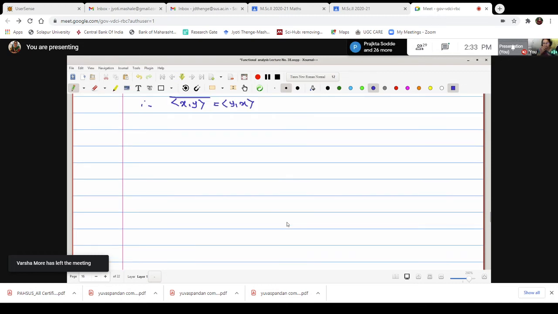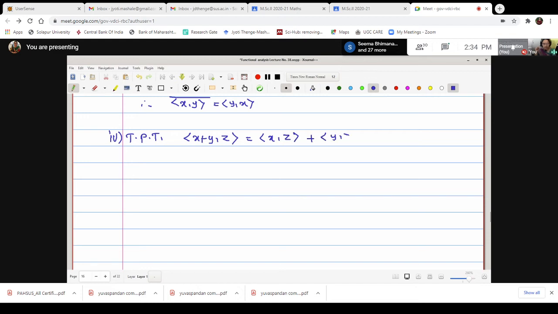Okay. Now the third condition we have verified. Now what's the job? Our aim is to go for the fourth condition, that is to prove that inner product x plus y with z is equal to inner product x with z plus inner product y with z.